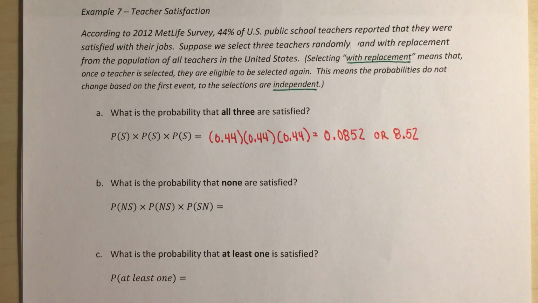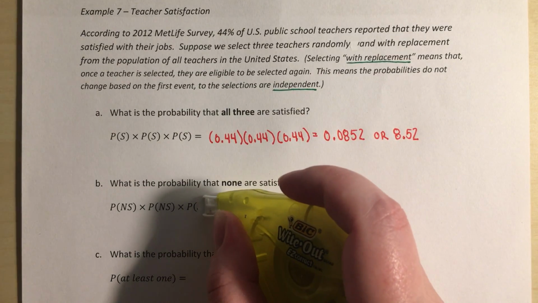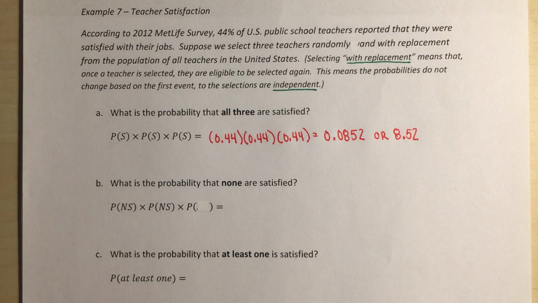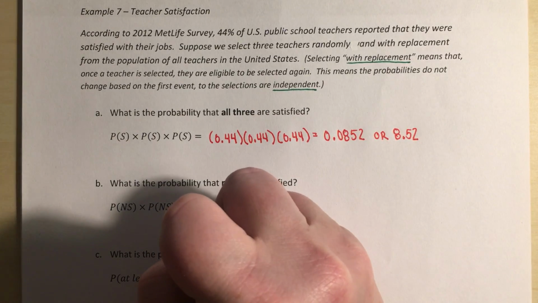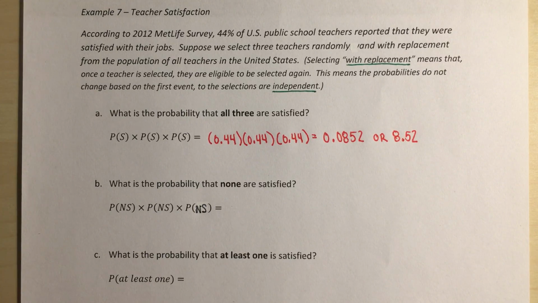All right, the probability that none are satisfied. None are satisfied means that each teacher selected is not satisfied. So if we think all the way back to the beginning when we started talking about theoretical probability, we talked about finding complements. And we said that we found complements by taking 1 minus our probability.